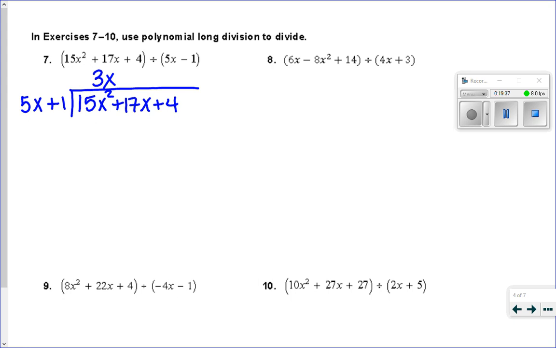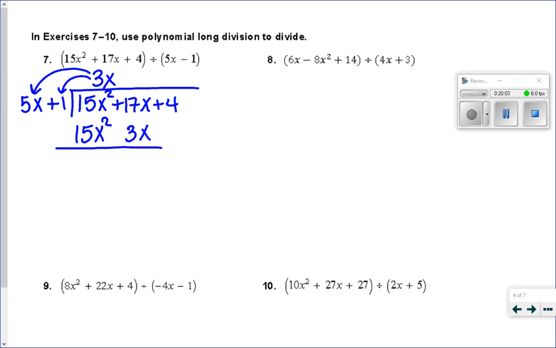But once I do that, I need to make sure I distribute it when I'm coming back around, meaning that the first product I'm going to get is 3x times 5x, and that's where I'll get my matching 15x squared here, but I will also need to do 3x times 1, and that'll just be another 3x.